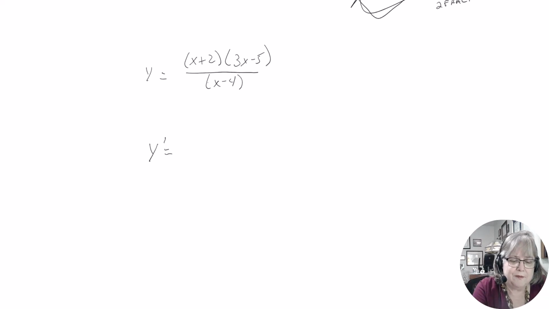So here we go. If you just keep narrating the English rule to yourself, it will help you get through this. And on a test, it's the bottom. I don't care what the bottom looks like. Times the derivative of the top. And then you look at the top as if nothing else in your life matters, and you go, oh, that's a product.